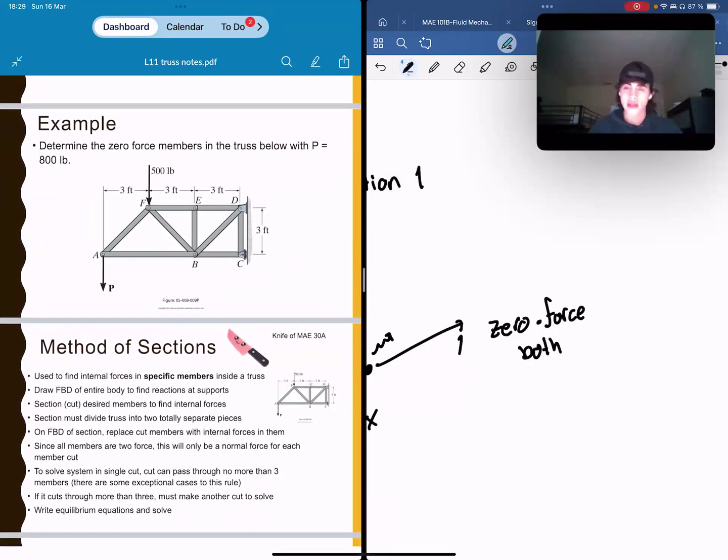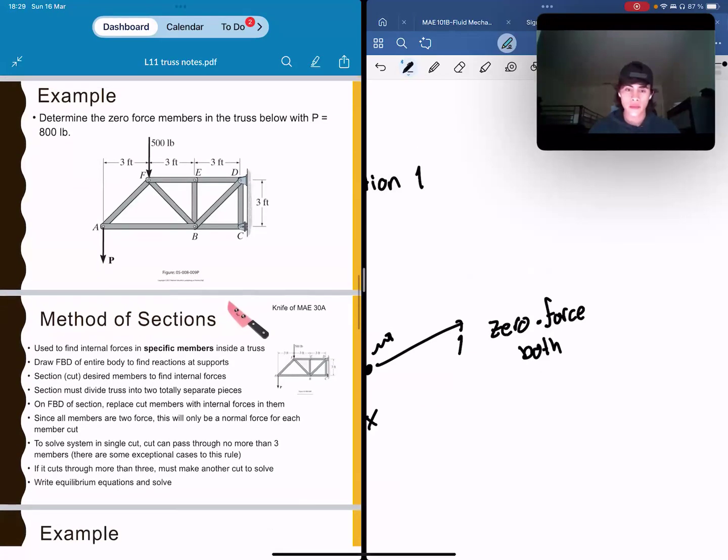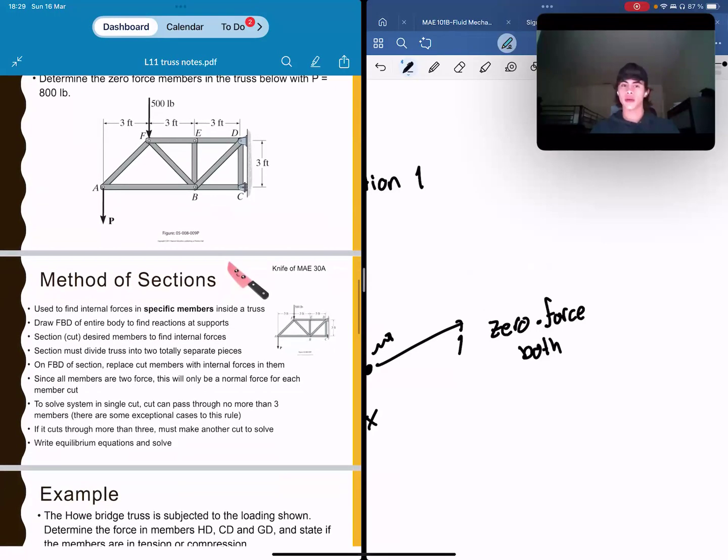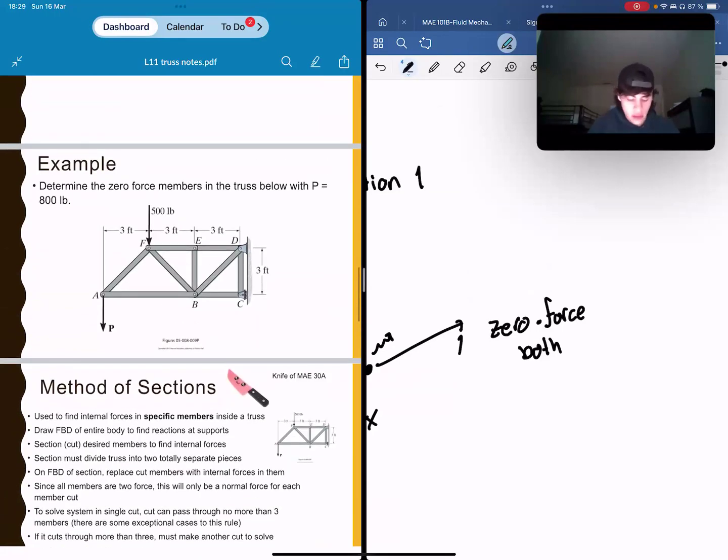An important thing of this lecture as well is that we got introduced to the knife of MAE 30A. What the knife does, let's say for this example right here, is this: as everybody can see, a truss has multiple parts, and it would be really difficult to keep adding up all the sums of the forces at each joint and each external force only to get to a specific point I want to analyze, right?